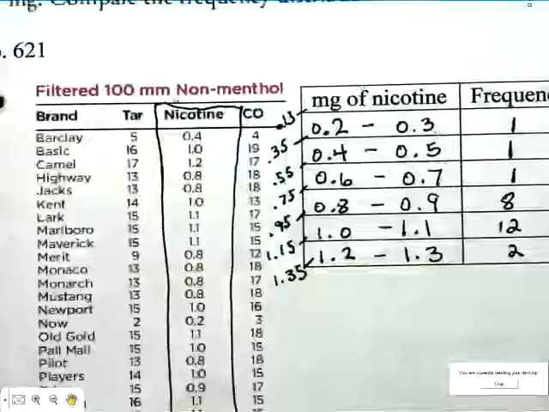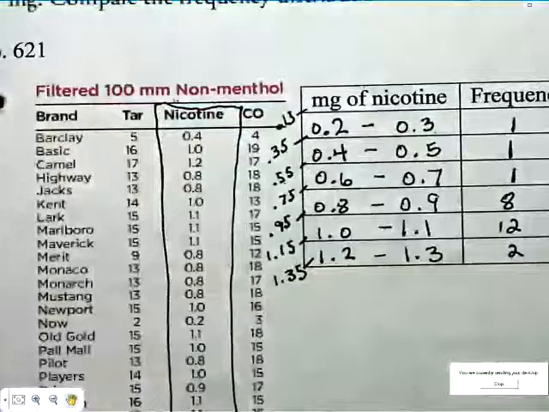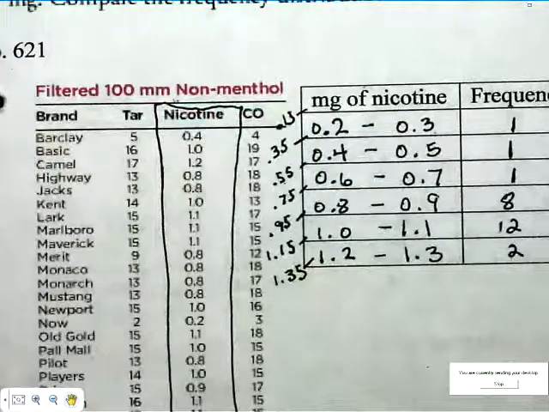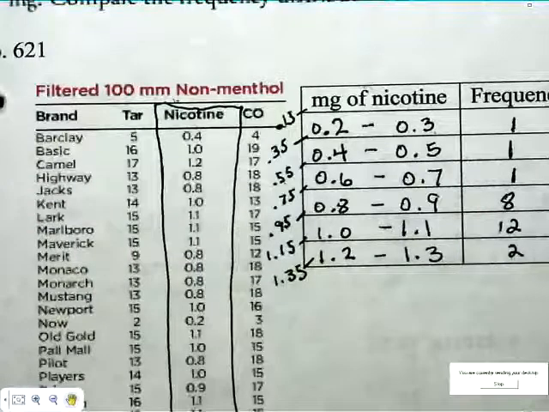The first class boundary is 0.35. The class width is 0.2. So just keep counting up by 0.2. And you can go back by 0.2 to get your left fence post. 0.35 minus 0.2 is 0.15.